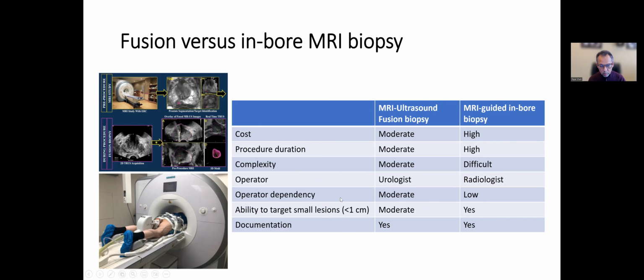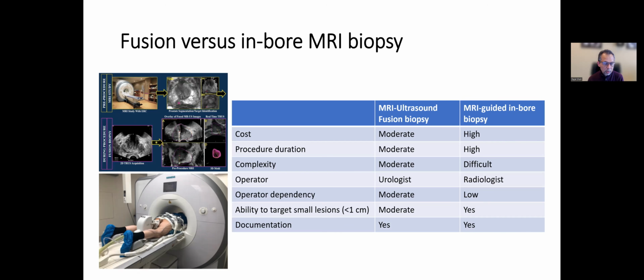So it is highly operator dependent, particularly MRI-guided in-bore biopsy, but it has the ability to target small lesions, typically less than 1 centimeter. And both of these can have lesional documentation. That part is available in both of the techniques.